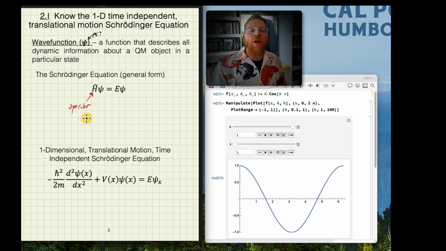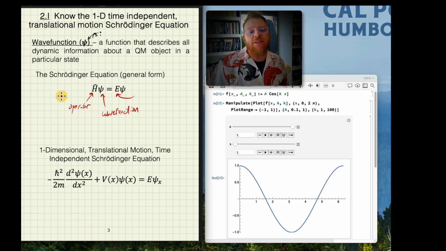And the operator we're going to talk more about in detail, but that operator we can use to obtain information on a physical observable. Like if we use the energy operator, for example, that operates on the wave function. And after we carry out that operation, it returns the value in question.